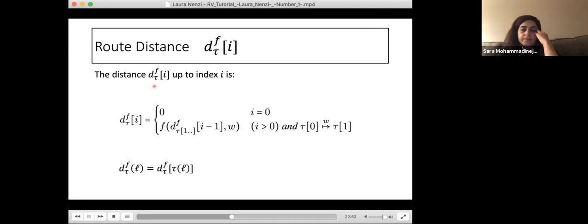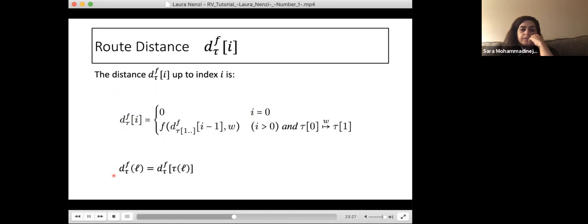This function combines the different weights in the route into a value, and it's done in a recursive way. So you define a distance up to a certain index i, and then you decrease the i at each iteration until you reach i equal to 0. But we will see this in the next slides with an example.